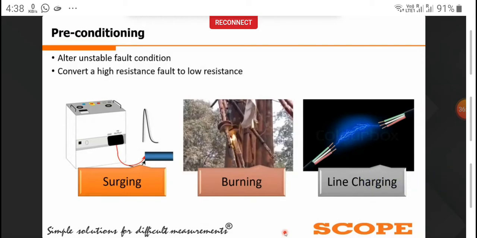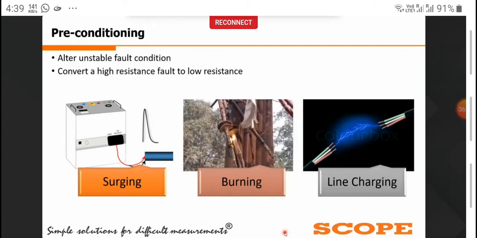If there is a high resistance fault in a PIC cable or PILC cable, the burn down instrument is mainly used to convert the high resistance fault into a low resistance fault. In the burn down stage, we apply a continuous high voltage DC supply to the cable, and allow a high amount of current to pass through the cable.